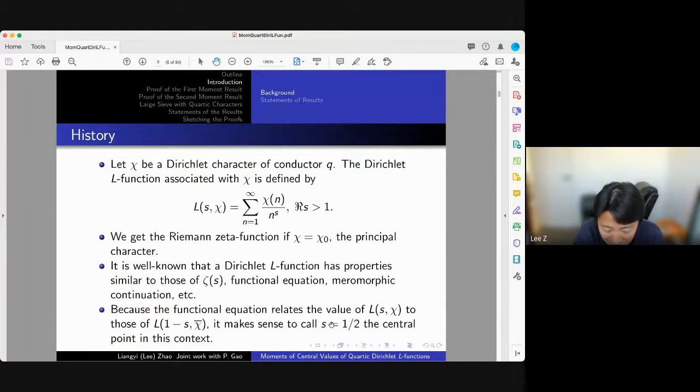That order of vanishing is conjectured, at least in general, to be the rank of the group of rational points on the elliptic curve.